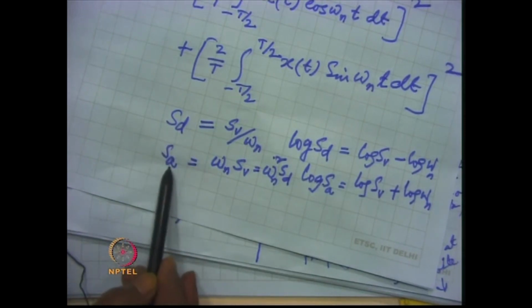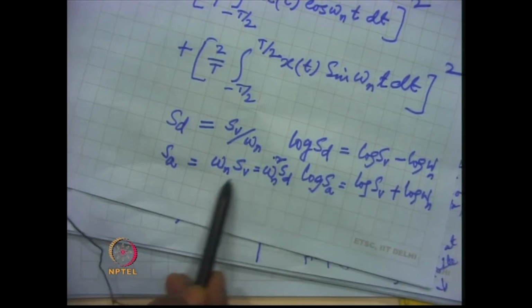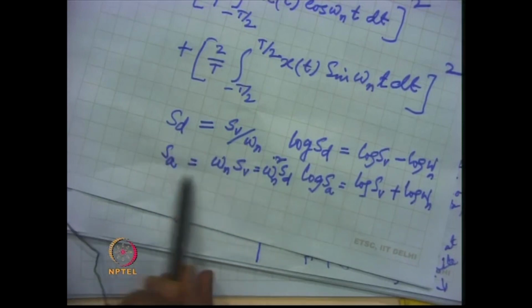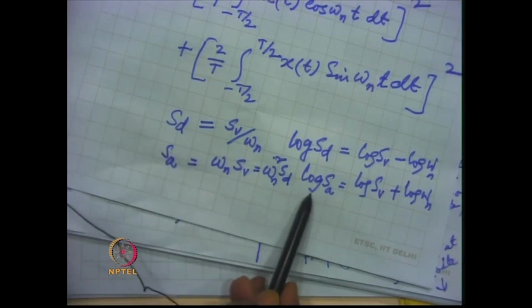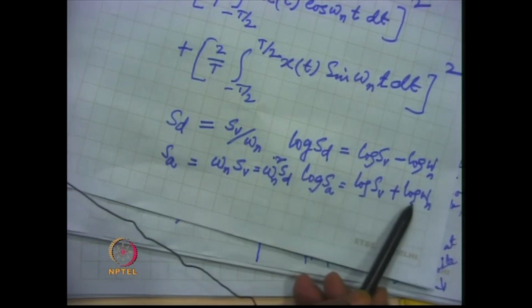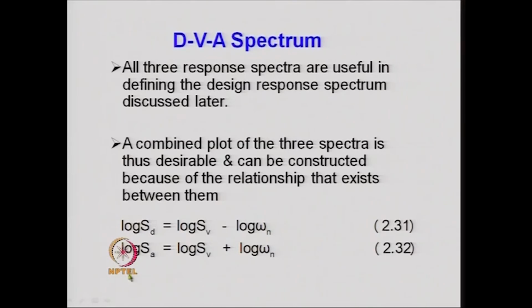SA, the spectral acceleration, can be written as omega n square into SD, equal to omega n into SV. So, if we take a log of these, then we get log SA is equal to log SV plus log omega n.